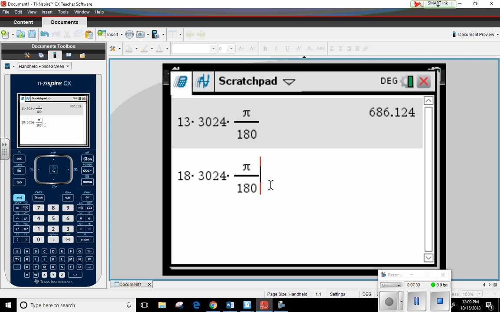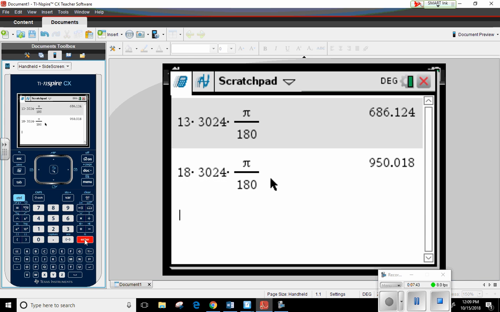Now, would we expect this to be a greater distance or a smaller distance? Yeah, greater. The further you are from the center, the larger the circle you're going to create, right? So this person, 18 feet from the center, looks like they're going to travel about 950 feet. But we want the difference. How much further would a person seated 18 feet from the center travel than a person seated 13 feet from the center?